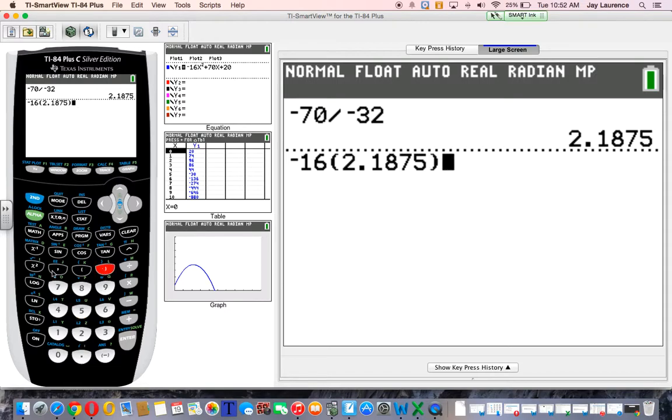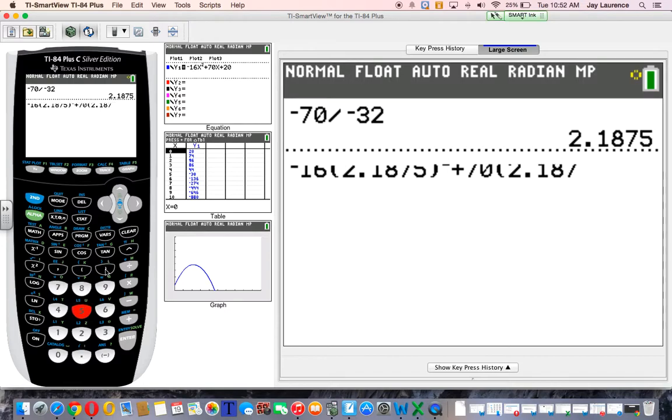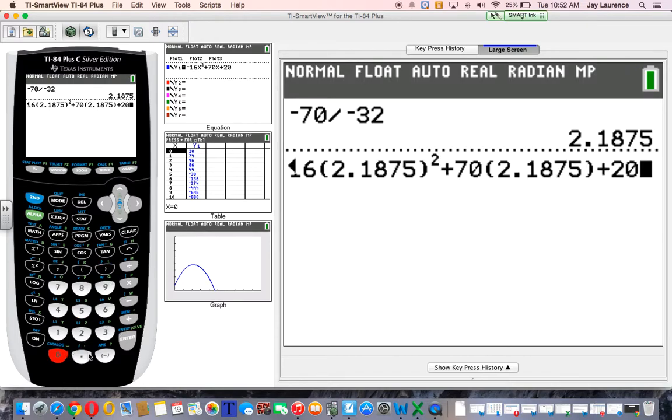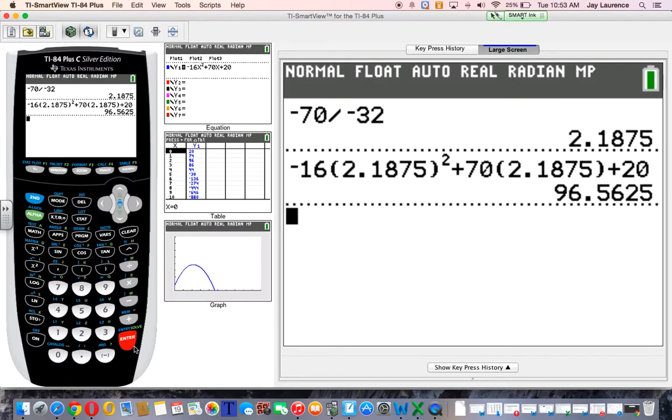I could have taken a shortcut there, but I didn't want to confuse anybody. Plus 70 times that decimal, and then plus 20. All right, and so when I do that, I'm going to get a little bit over 96 and a half feet. Okay, so 56.25.